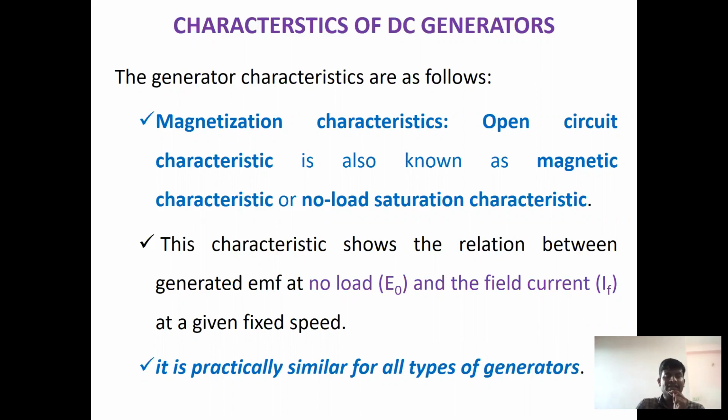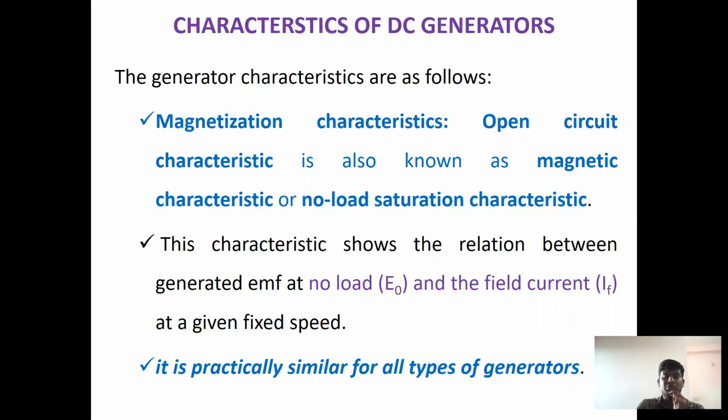What are the magnetization characteristics? Magnetization is nothing but the no load voltage against the field current. The magnetization characteristics are plotted between the no load induced EMF and field current.